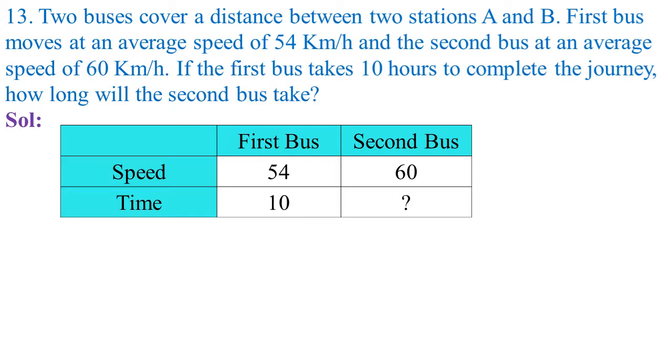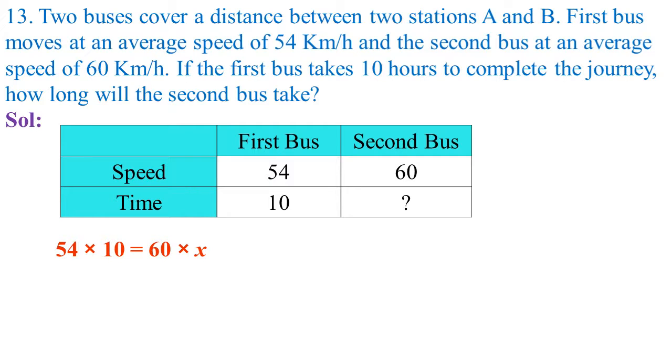Solution: given speed and time. The first bus moves at an average speed of 54 km per hour. It takes 10 hours to complete the journey. Let's find how long the second bus will take. It is in inverse proportion.